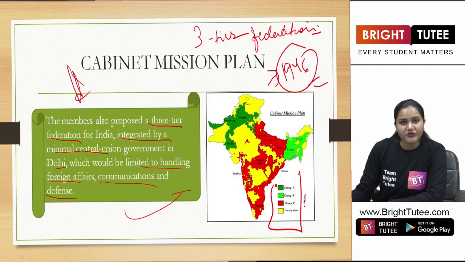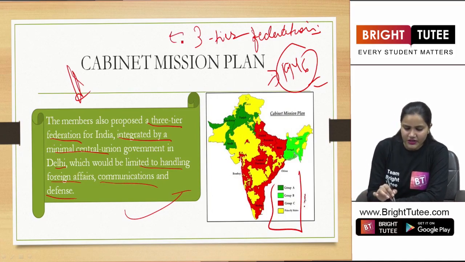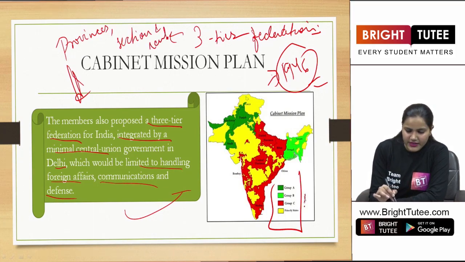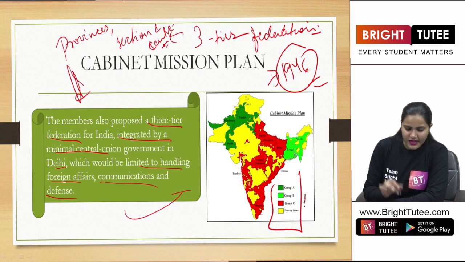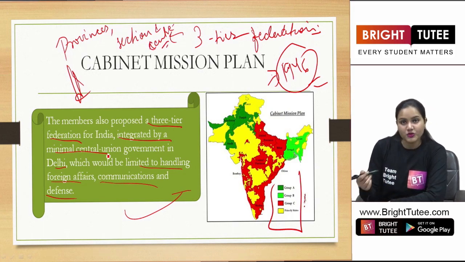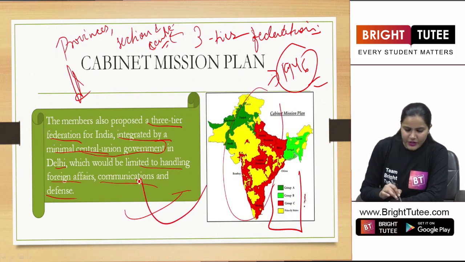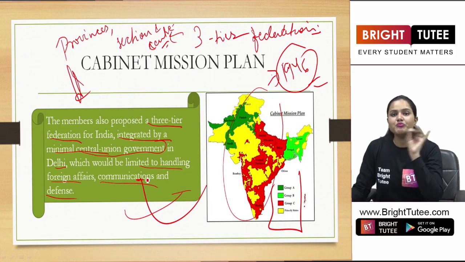Now, what was that three-tier federation here? It could be divided between the provinces, sections and one center, right? Here we see that it has to be integrated by the central union government. But this central government was to be given some limited powers.